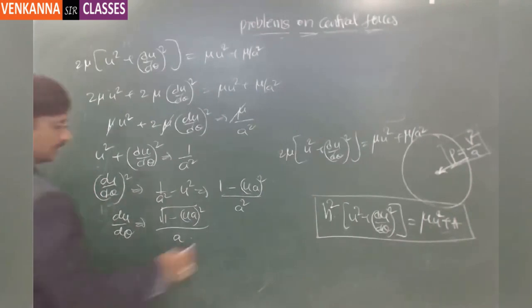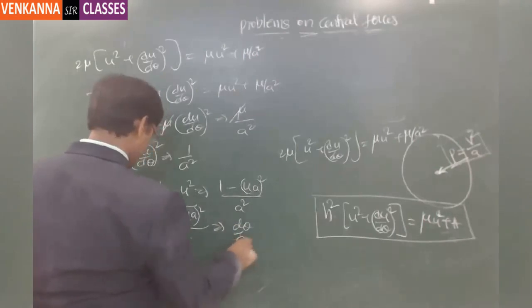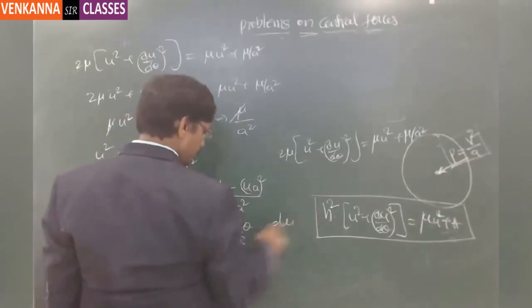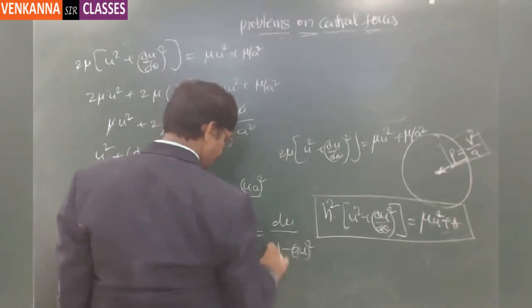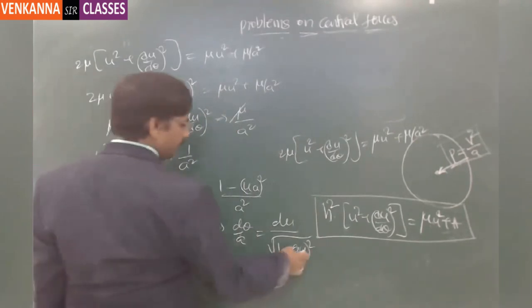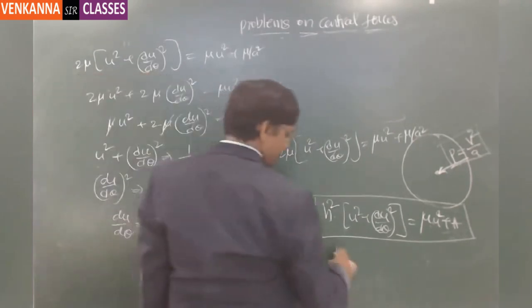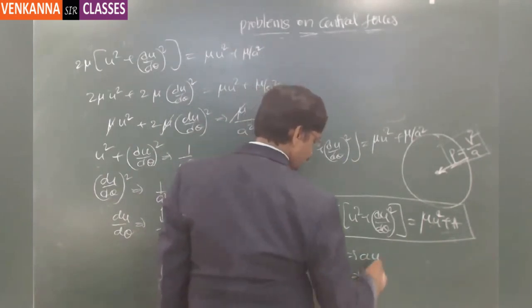So it implies d theta by a is equal to du by square root of (1 minus (au) whole square). Now if I take au equal to t, then dt equals a times du.